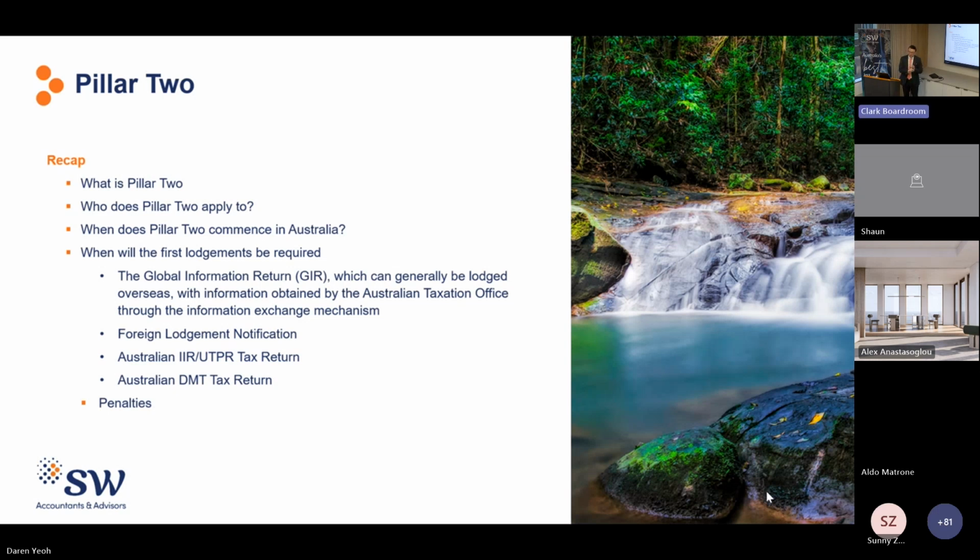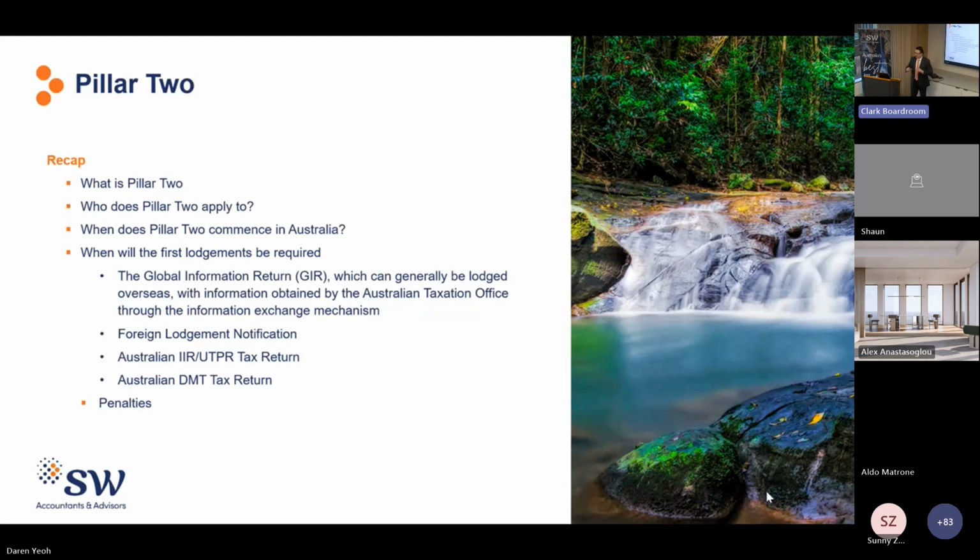The income inclusion rule and the domestic minimum tax apply from 1 January 2024. The third one is more worrisome. The third one is called the undertax profits rule, and it applies from 1 January 2025.